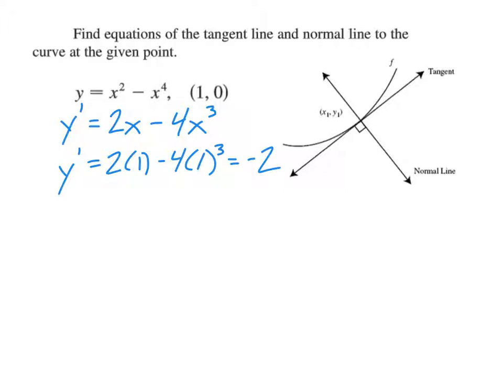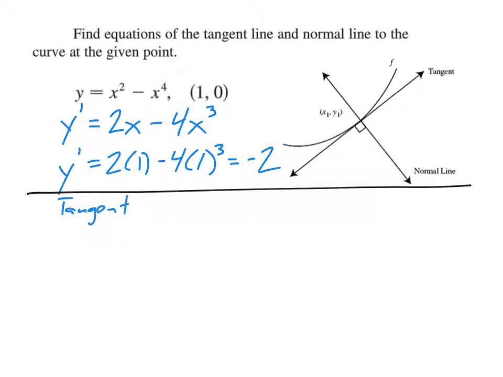All right, now that I know that, I can now go ahead and start figuring out the equation, because that's what I'm asked for, the equation of the tangent line. Now, the tangent line, I know it's going to be y equals negative 2x plus b, and b is what we have to figure out. Remember, in order to figure that out, I'm plugging in the coordinates of a point in for x and y. And I happen to know the point (1, 0), so I'm going to use that.